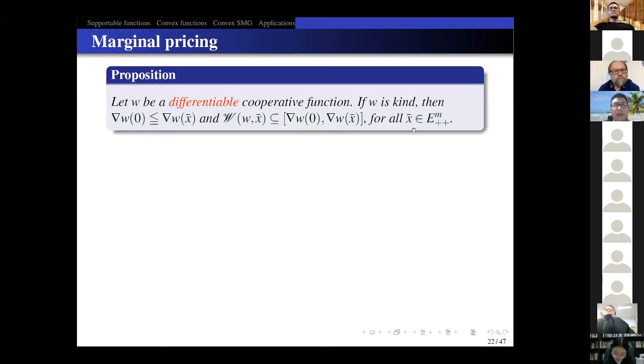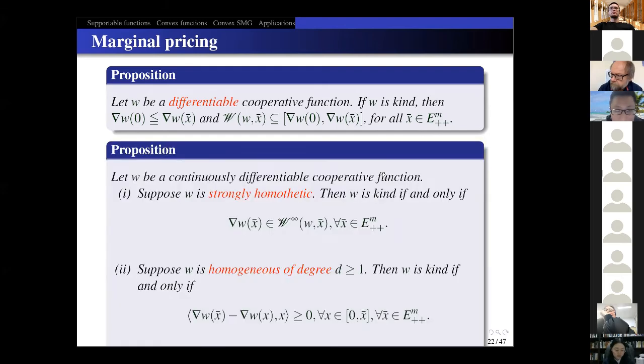So this property has a nice similar result in cooperative game theory. And we also show that when W is continuously differentiable and also strongly homothetic, then its gradient is always in its relaxed Walrasian core. So for this kind of function, its gradient is always useful. So what is strongly homothetic?